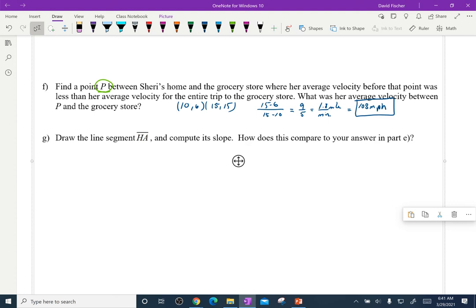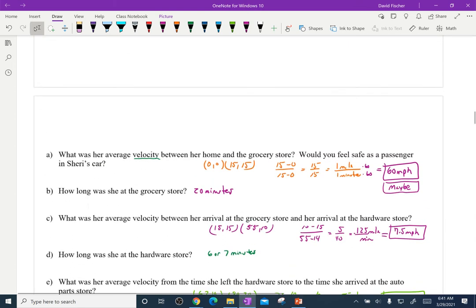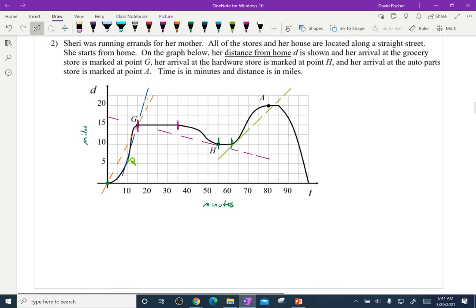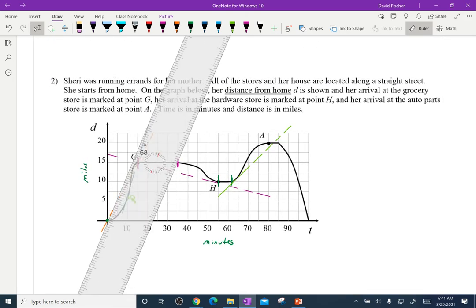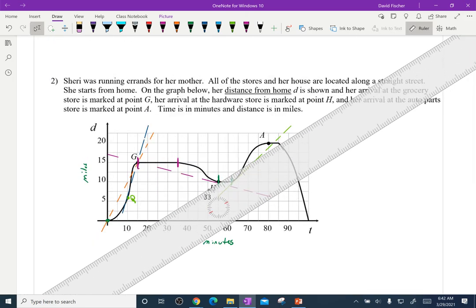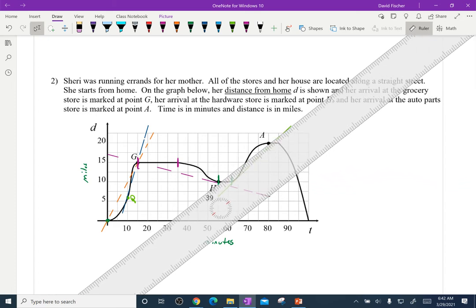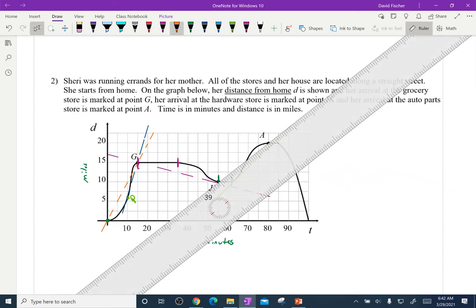Draw line segment HA and compute its slope. So we're going to draw a line segment from H to A. Let's do that with our ruler. Now look, we're factoring in her time at the hardware store as well.